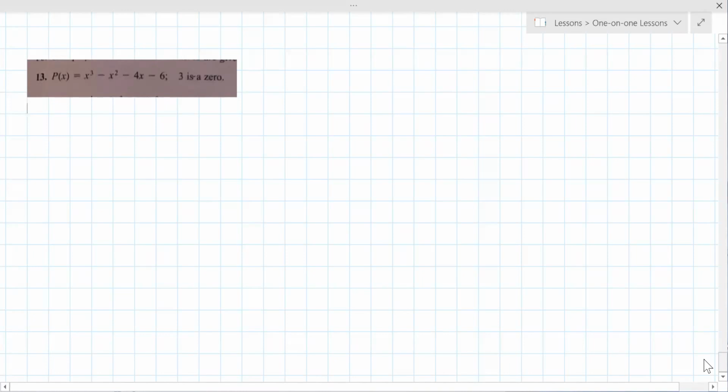Find all remaining zeros. So I get x squared minus 2x minus 10, remainder -36. What do I do with that? Okay, well, hang on a second, because it should have been a 0. It should have given you a remainder of 0. So I done it wrong. I think I put it wrong.